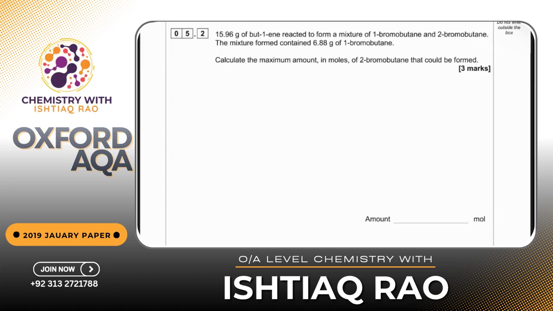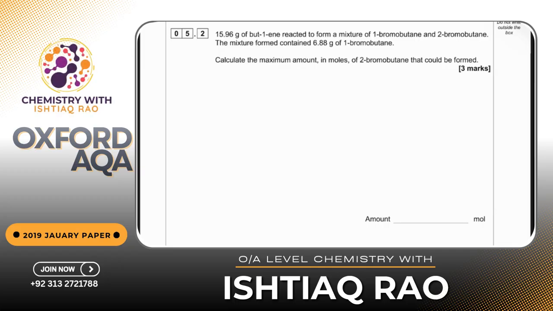Okay. 5.2: 15.96 gram of but-1-ene reacted to form a mixture of 1-bromobutane and 2-bromobutane. The mixture formed contains 6.88 gram of 1-bromobutane. Calculate the maximum amount in moles of 2-bromobutane that could be formed.